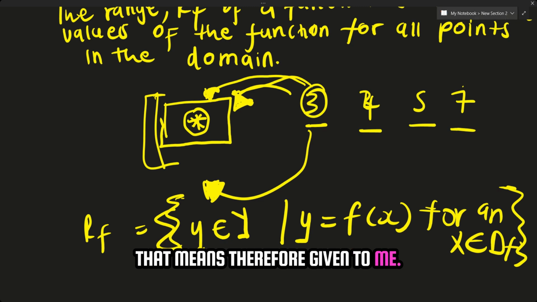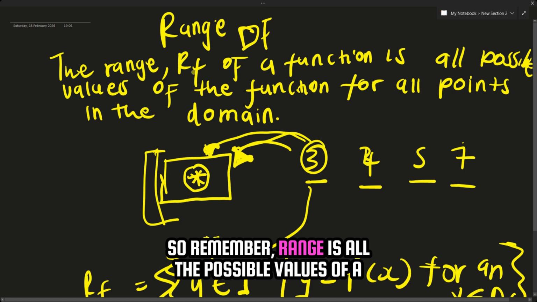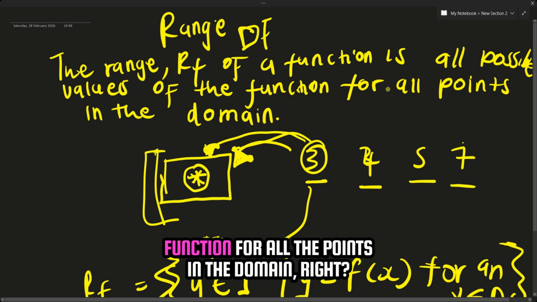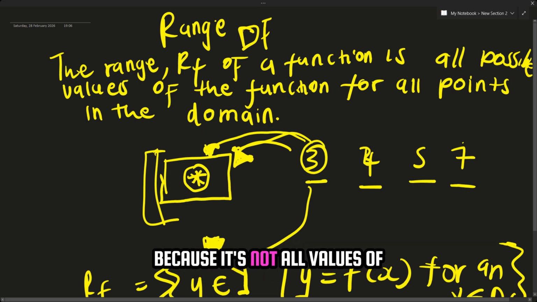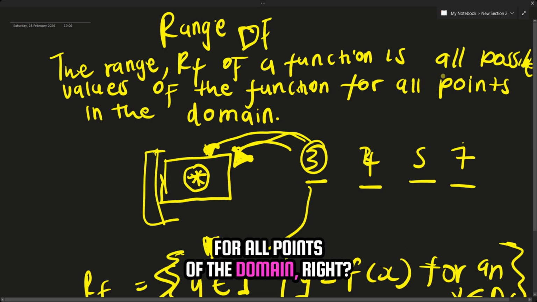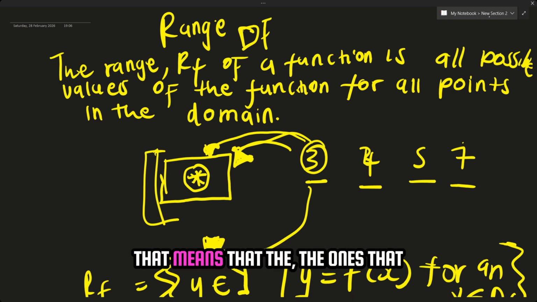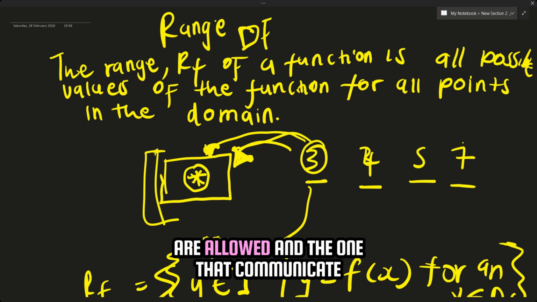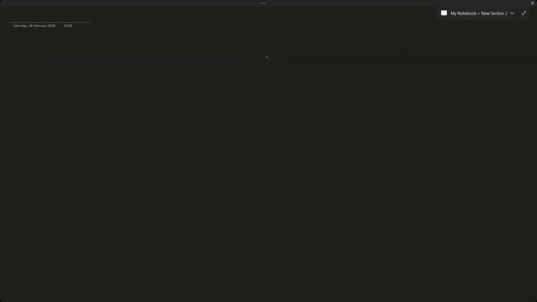So remember, range is all the possible values of a function for all the points in the domain, right? Not all values of a function can be obtained, right? There are the ones that are allowed and the ones that are not allowed, right? So let's speak of it like that, right?